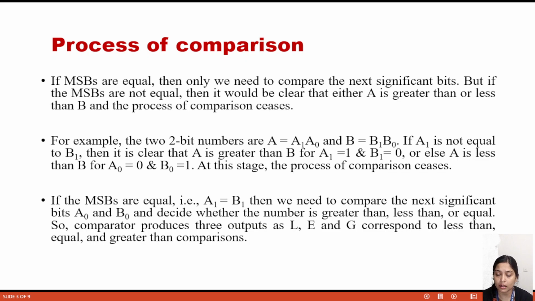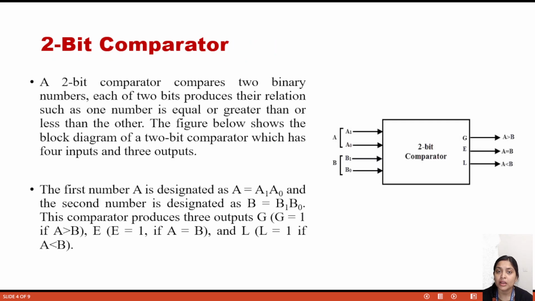In the case of a comparator, there are basically three outputs. You can already understand that this is LEG: L stands for less than, E stands for equal, and G stands for greater than. This is the block diagram of the 2-bit comparator. We concentrate only on the 2-bit comparator.